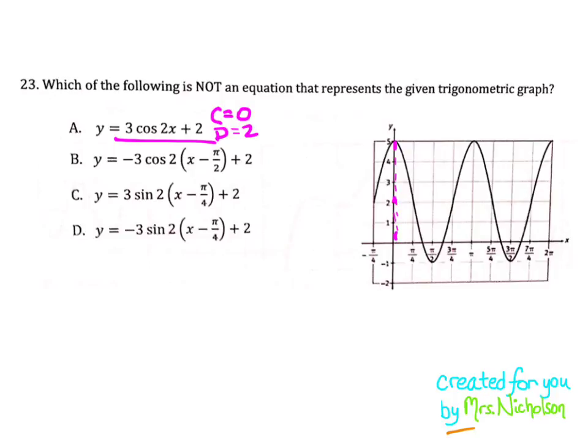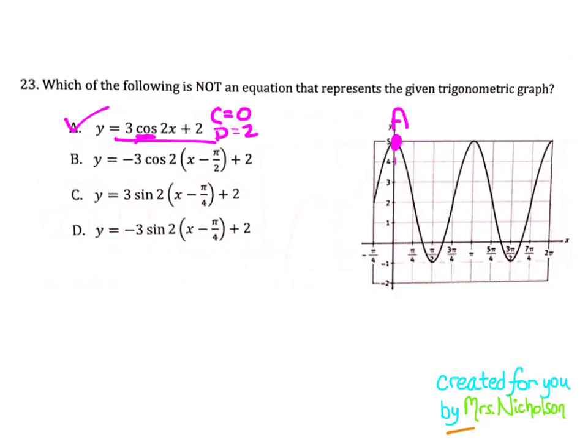So that would go up to 3 and down, down 3, go up to 5 is what I should have said. Sorry about that. So it looks like if my x-coordinate is 0, that corresponds to this point on the graph, which is at a maximum, and so that means that should be a cosine graph. A cosine graph would be starting there, and this answer choice says cosine. And so that actually is an equation for this graph, and so it's not our answer, because we're looking for one that's not an equation that represents this graph.